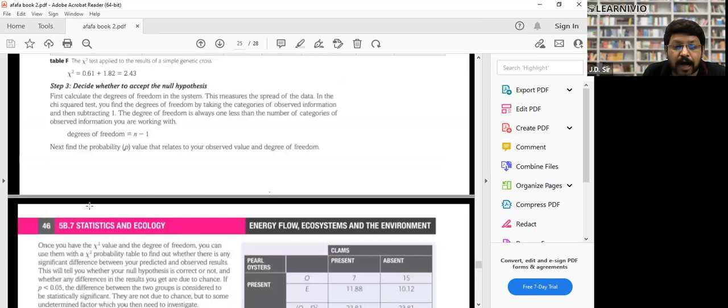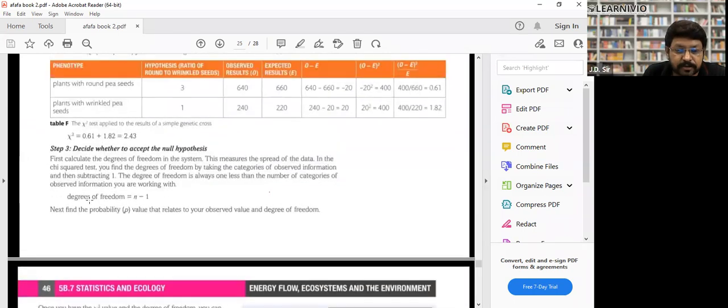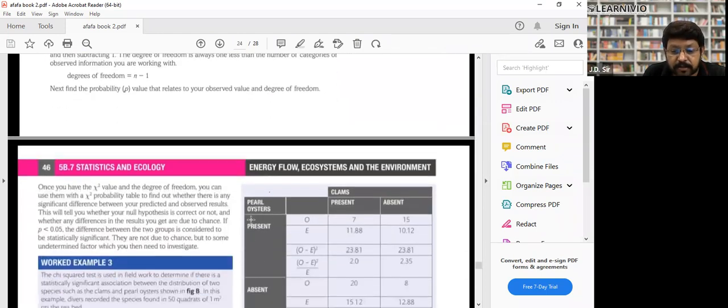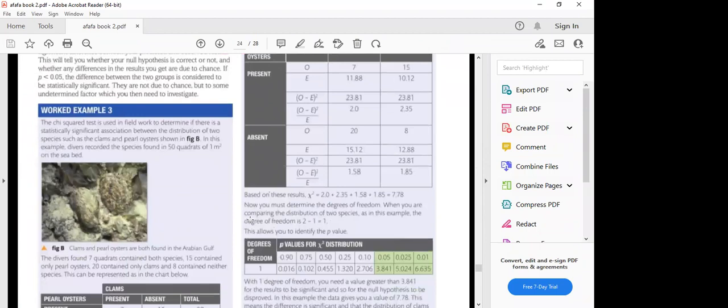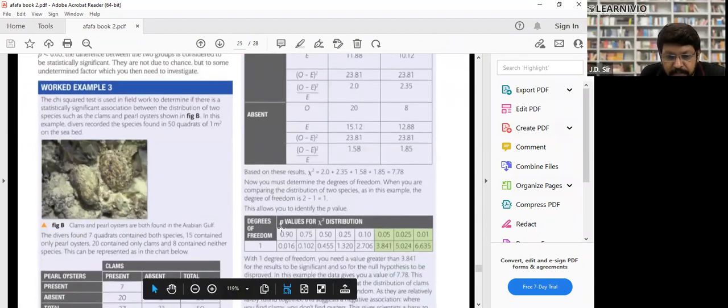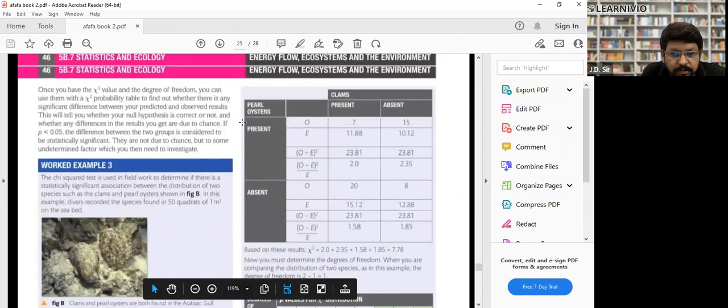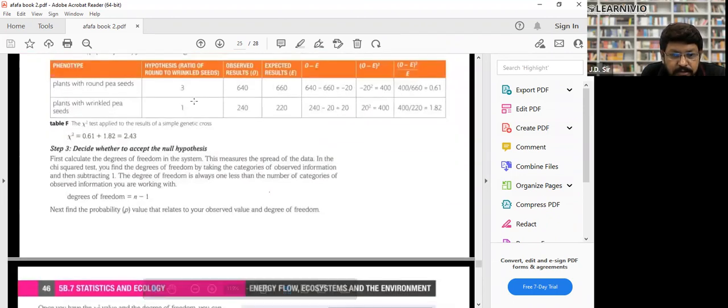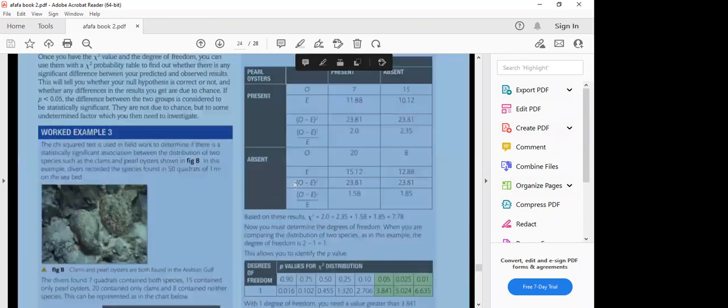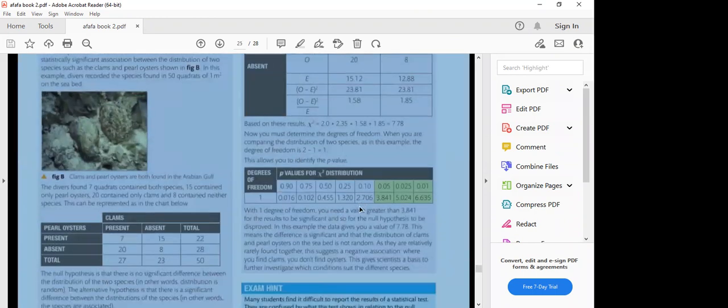But what is the value of p? The table is given over here. Look, the p value for x square distribution, then degrees of freedom. So what is our value? Our value is 2.43, right?